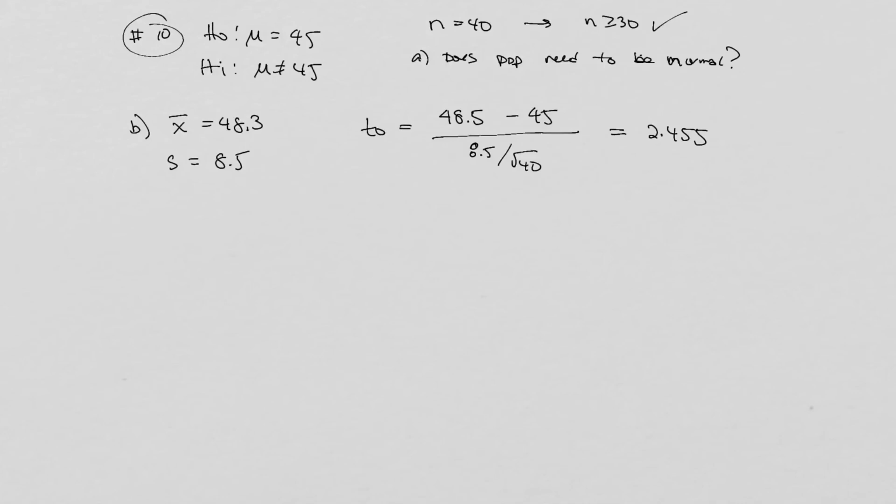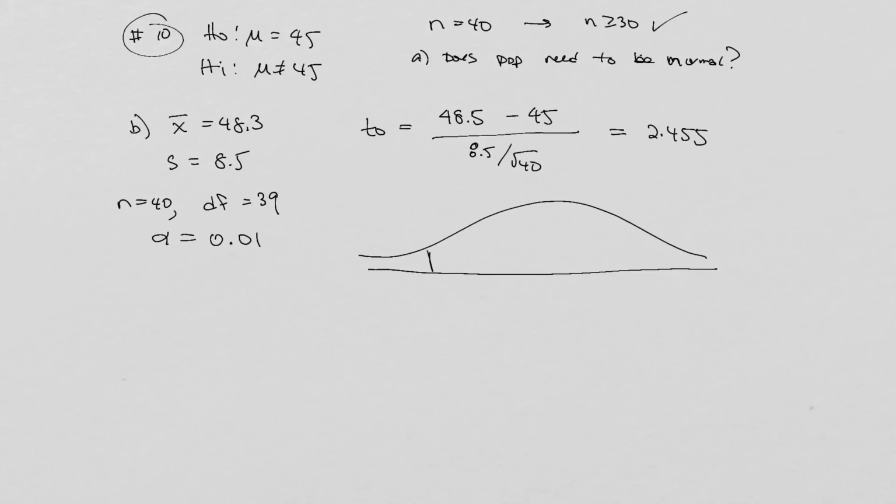Now n is 40, so the degrees of freedom is 40 minus 1, or 39. We're going to let alpha be 0.01. This is a two-tailed test, so here's what we're going to find.